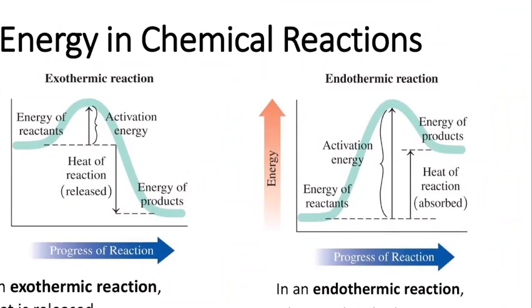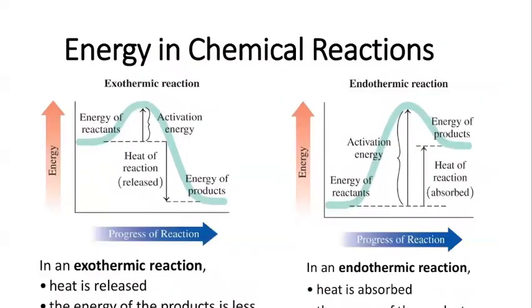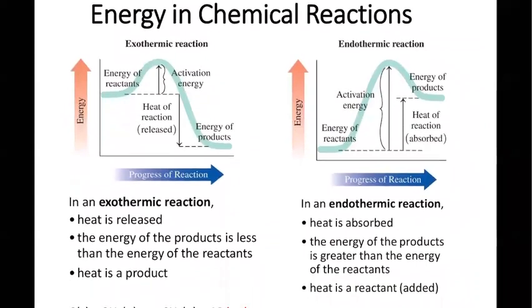So in an endothermic reaction, energy is absorbed from the environment into the reaction, okay? So here, energy needs to be put into the reactants, okay? So understand that instead of heat being released in an endothermic process, heat is being absorbed. Okay.